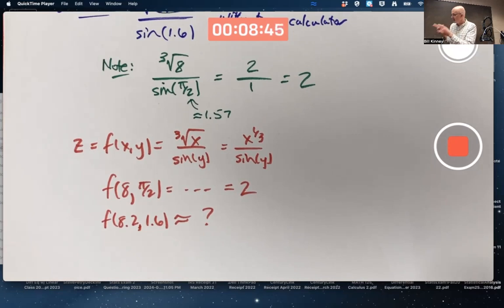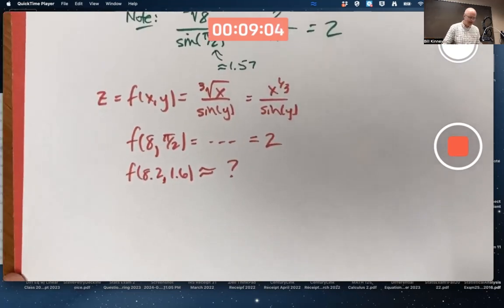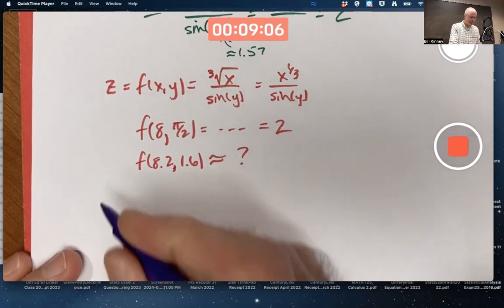Instead of using a tangent line to approximate a curve, how about using a tangent plane to approximate a surface? How do we find the tangent plane? It should make some sense that we want to use partial derivatives. That's what we need to do. Let's find partial derivatives.